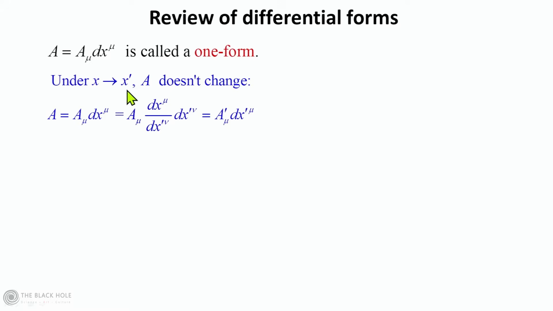And when you do a coordinate transformation, when you go from one point to the other, A doesn't change. So you can see over here that A is just equal to A itself, but written differently because there is a transformation that comes over here through this chain rule.